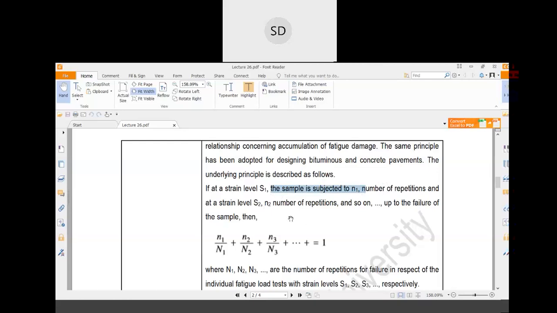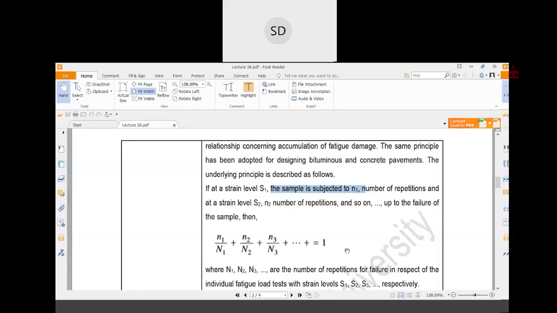Suppose there are a total of n load repetitions. Then at the pavement strain S1 there are n1 load repetitions, and at the pavement strain S2 there are n2 load repetitions, up to the failure of the sample.